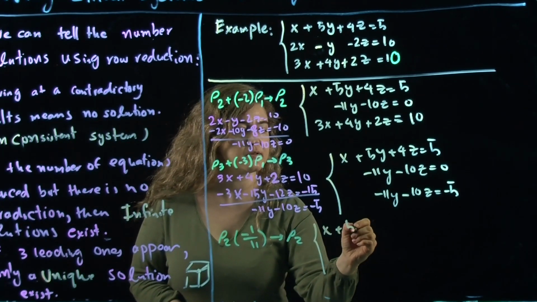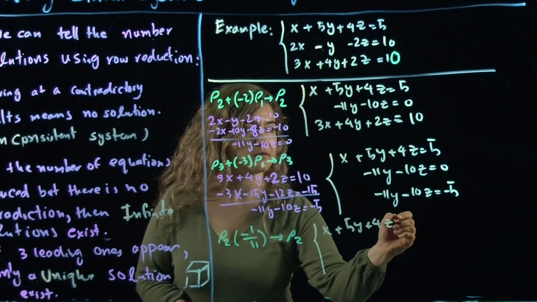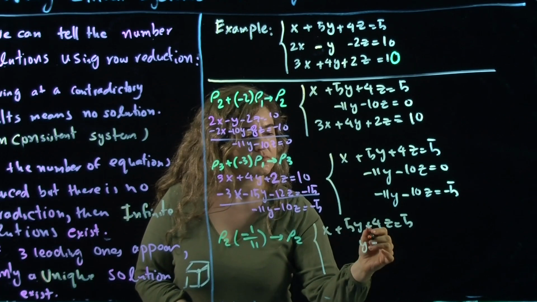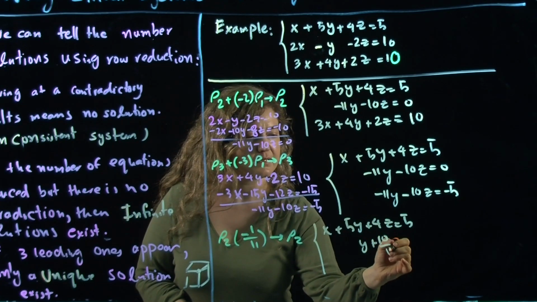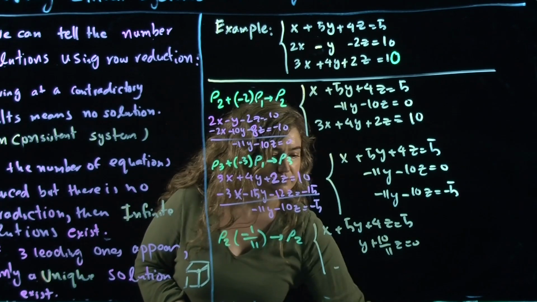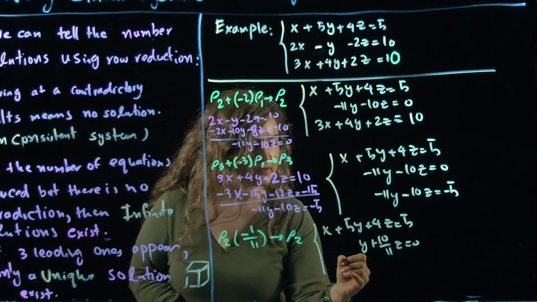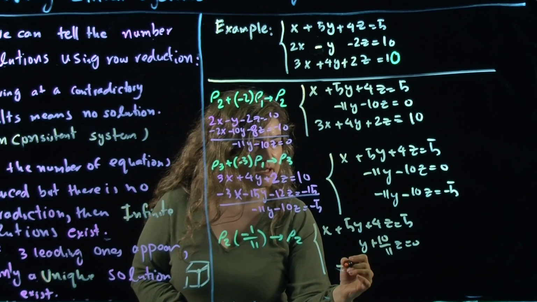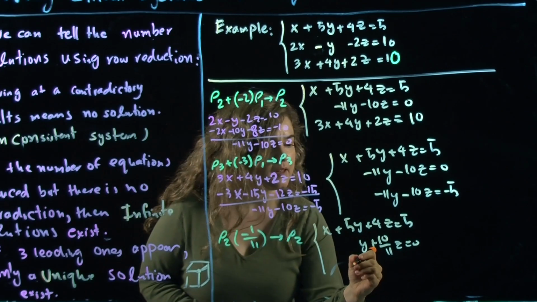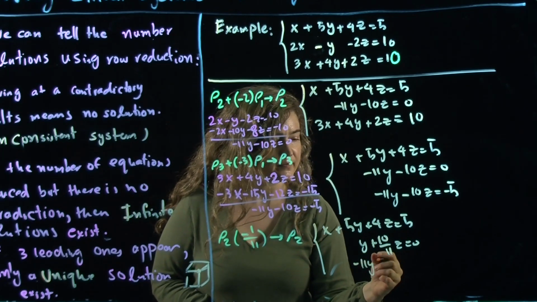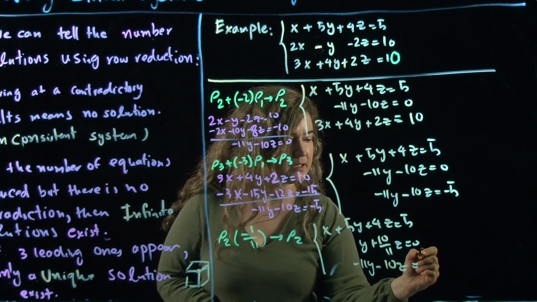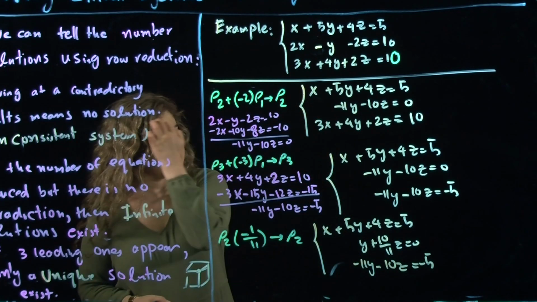So y plus 10 over 11z equal to 0. And -11y minus 10z equal to -5.